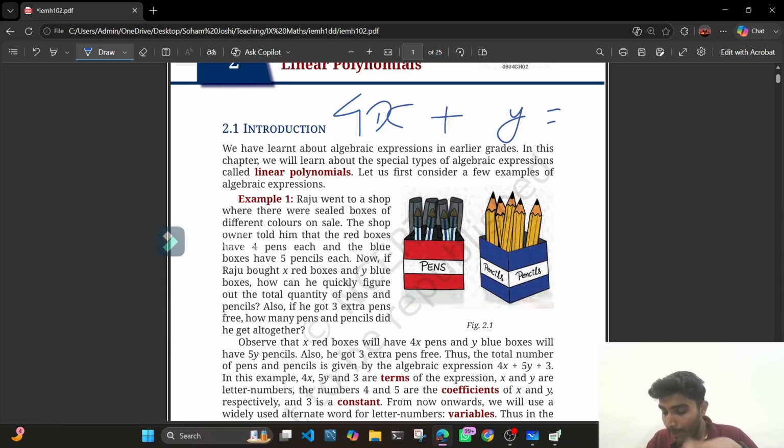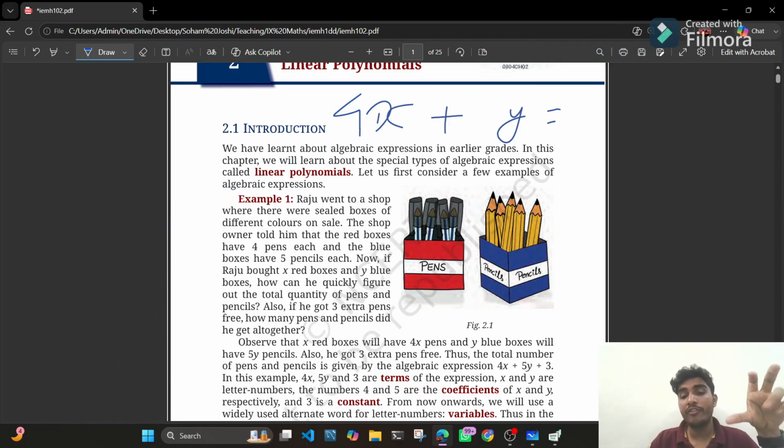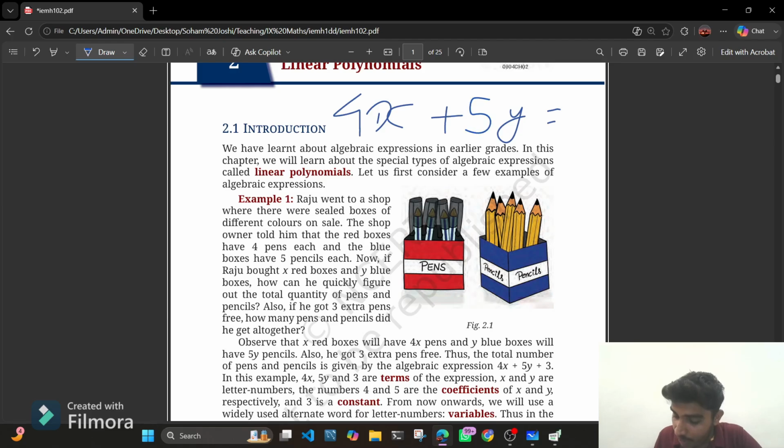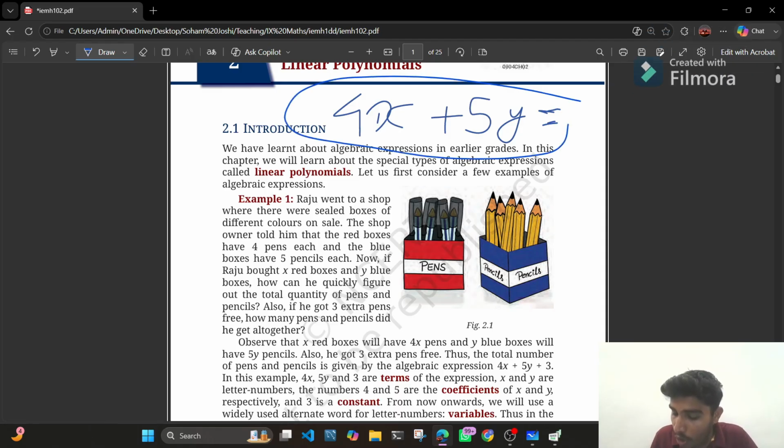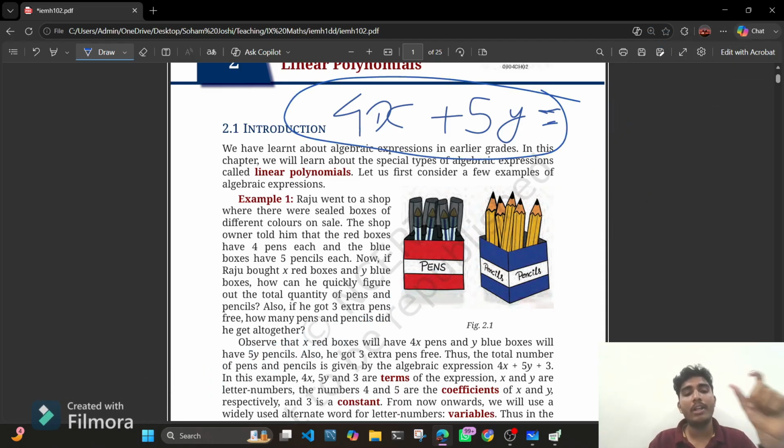And now if Raju buys Y amount of pencil boxes, and as one box of pencils contains 5 pencils, we can write it as 5y, right? So the total amount of pens and pencils will come as 4x plus 5y. This is a linear polynomial. Basically, if we put some values of x and y, we'll get some result.